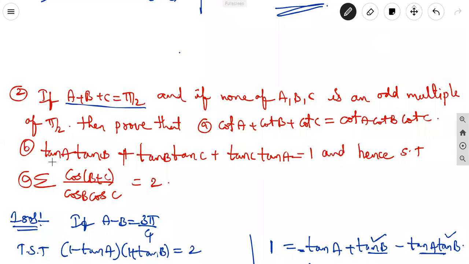Here the second one is tan A tan B plus tan B tan C plus tan C tan A equal to 1.